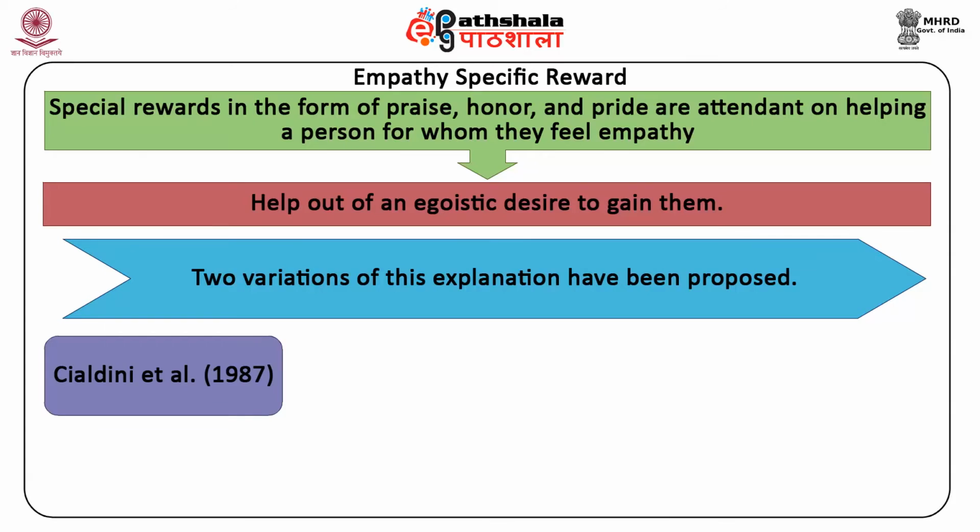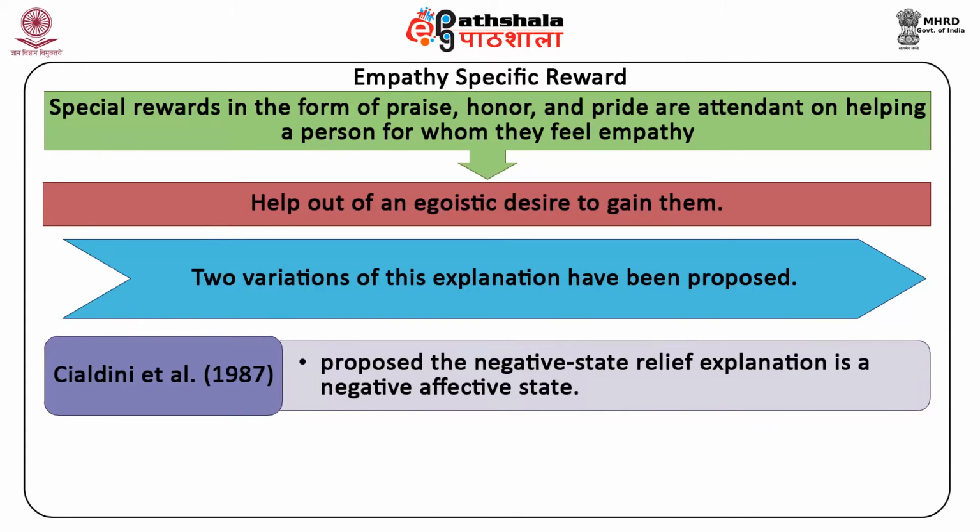Cialdini et al. proposed the negative state relief explanation, where they suggested that empathy experienced while witnessing another person's suffering is a negative affective state, to relieve which the person feeling empathy engages in altruistic or helping behavior.